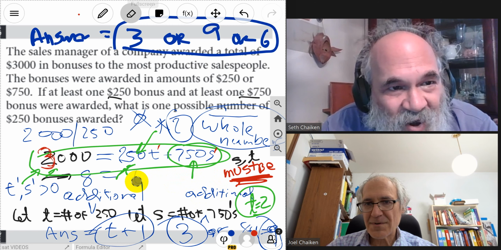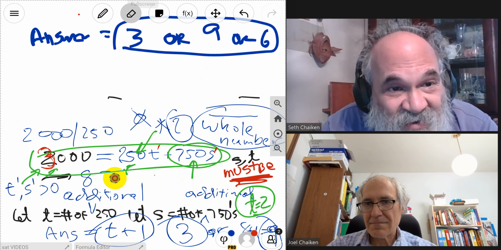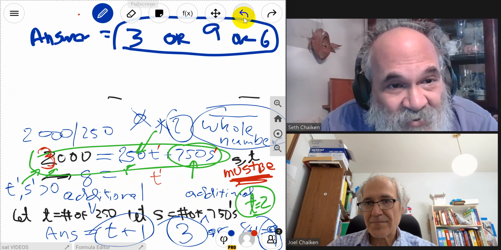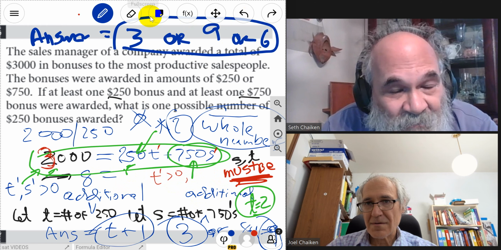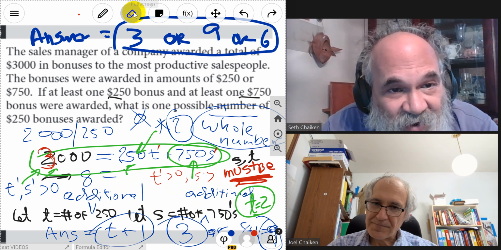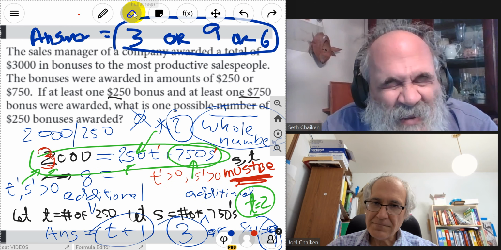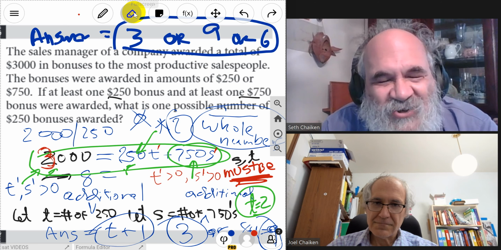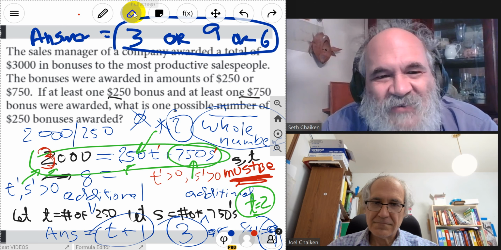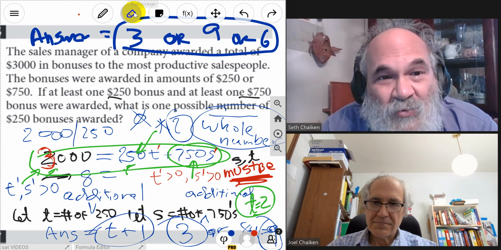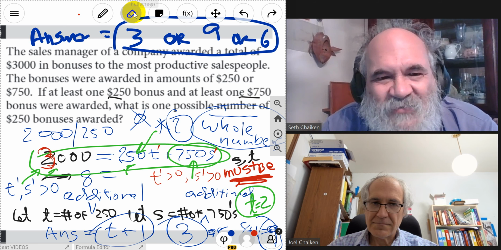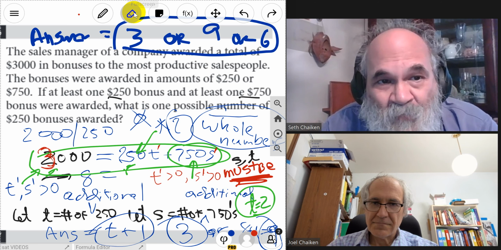Then we combine this equation with the conditions that T prime is greater than 0 and S prime is greater than 0. And as before, we search for possible values of S prime. So what we would do is start with S prime equals 1. And indeed, that gives an answer.